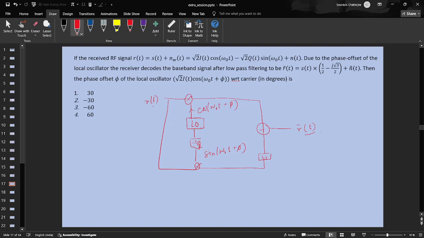So what should I do here? I should multiply r(t) with cos omega naught t plus phi. By the way, there is a low pass filter involved here. Forgot to introduce it.